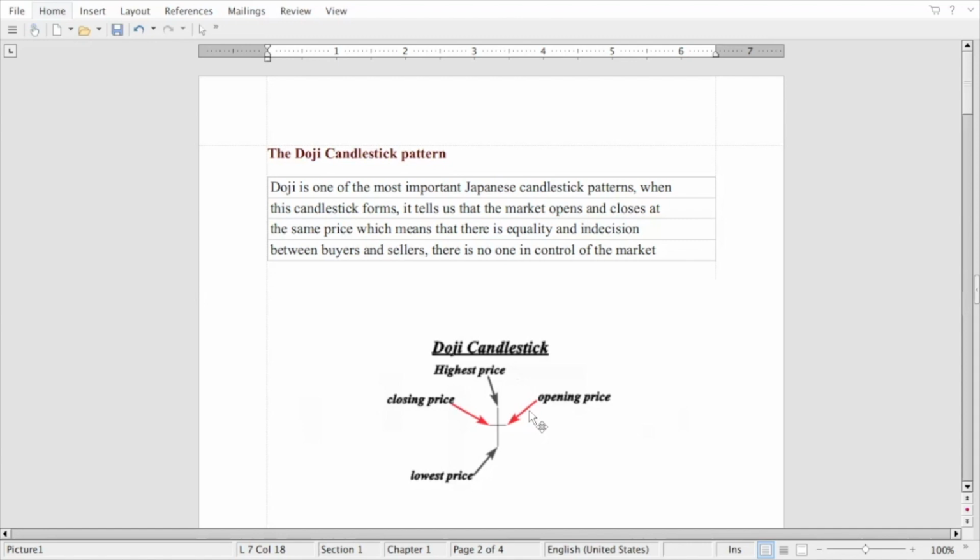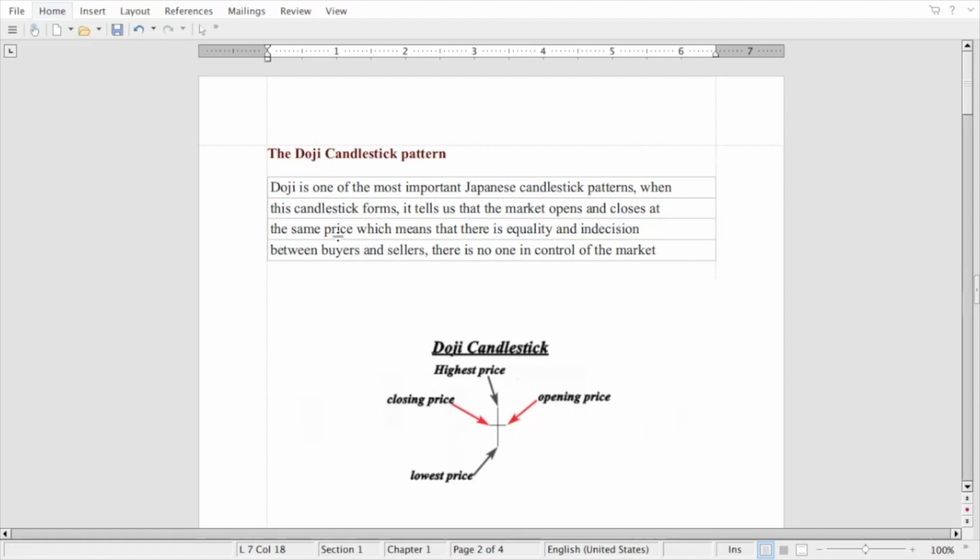So I want you to go with me, and when you look at this, a Doji candlestick is pretty simple. It has a high price, a low price, a closing price, and an opening price. You find that the closing price and the opening price are like a cross, a decision in the market. It opens and closes at the same spot.